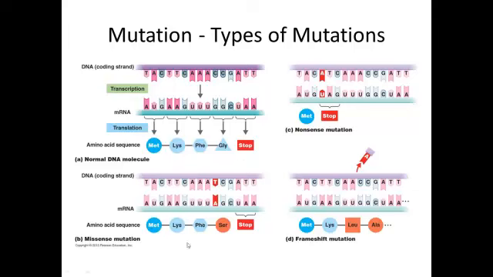Okay, now for missense mutations, we have some diseases that resulted from a single change in a nucleotide sequence that resulted in a single change in an amino acid that results in a disease. Cystic fibrosis is a prime example.